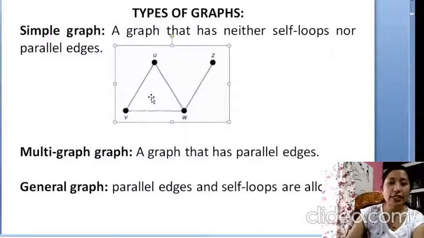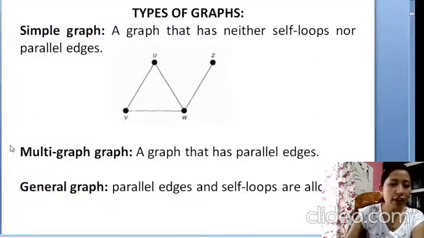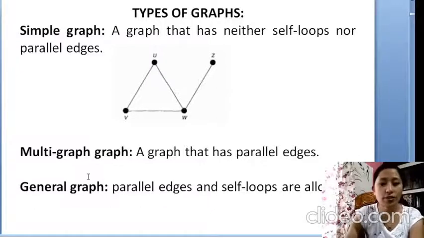So this is an example of a simple graph. A multigraph is a graph which has parallel edges. It may or may not have self-loops. A general graph can have parallel edges or self-loops. So if I simply say graph, then it will be a general graph.